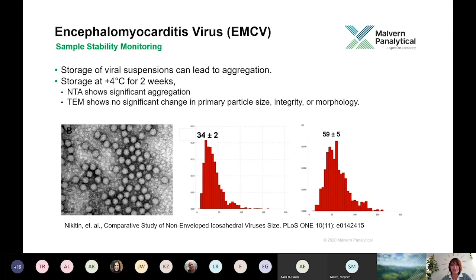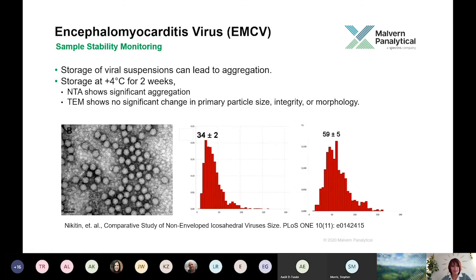Aggregation of freshly isolated samples stored at 4 degrees for 2 weeks was demonstrated by NTA, while TEM hasn't really shown a significant change in the viral morphology. The measurements with NTA really show a distinct change due to aggregation. And that really highlights the need of utilizing many characterization techniques for your sample characterization.